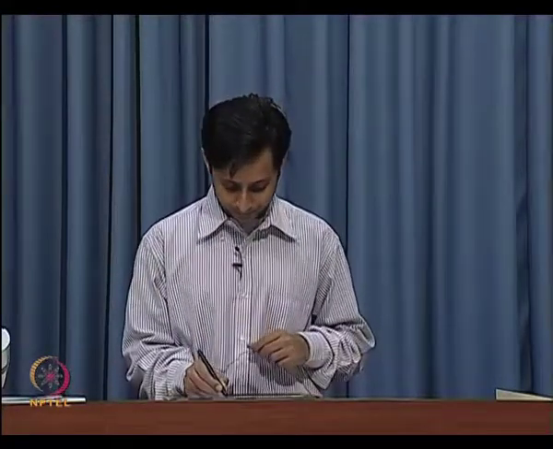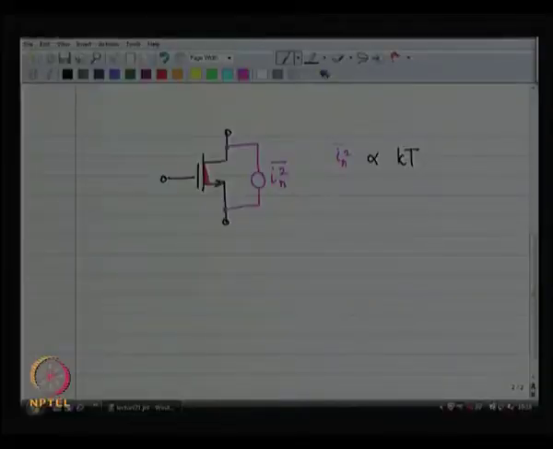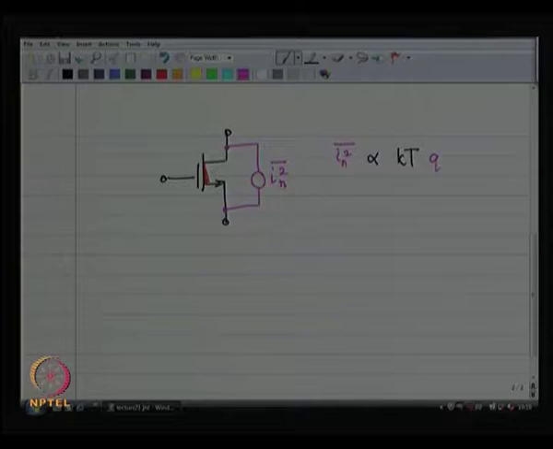Now, this noise current I n squared, mean square noise current, is going to be proportional to kT, right. It is also going to be proportional to the number of electrons available in the channel. Qi is the inversion charge.